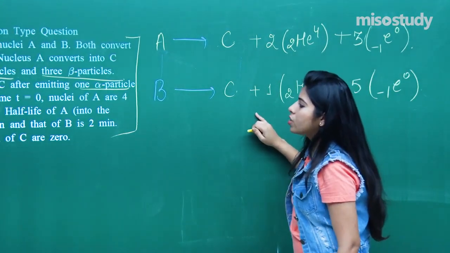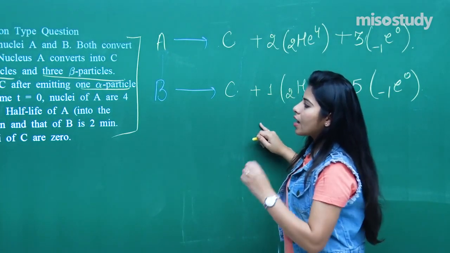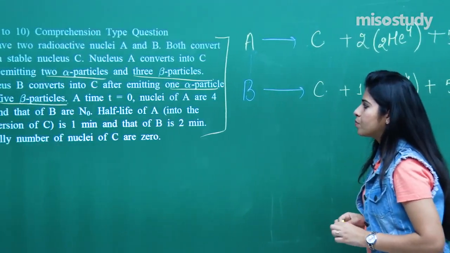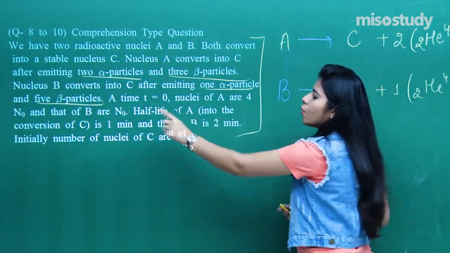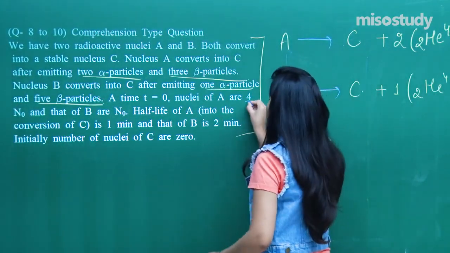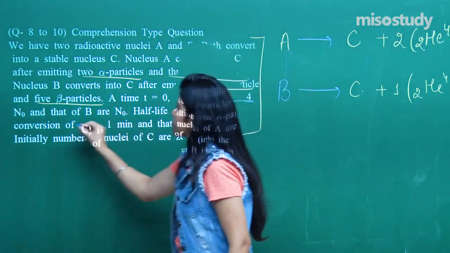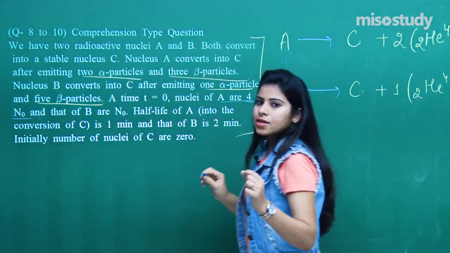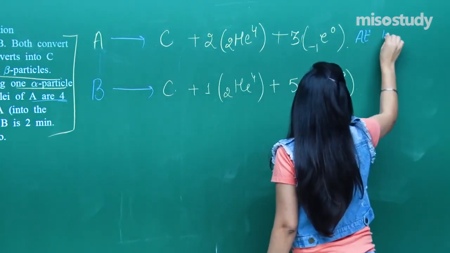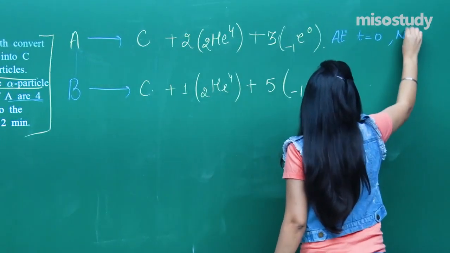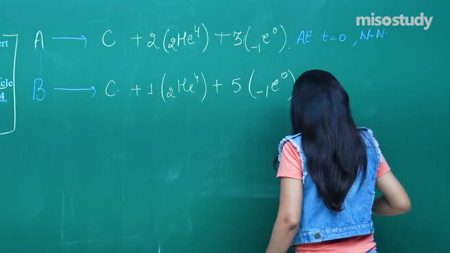Okay, so now at time t equals to 0, the nuclei of A and B are 4N naught and N naught. You can just write over here, that means at t equals 0, N equals 4N naught.